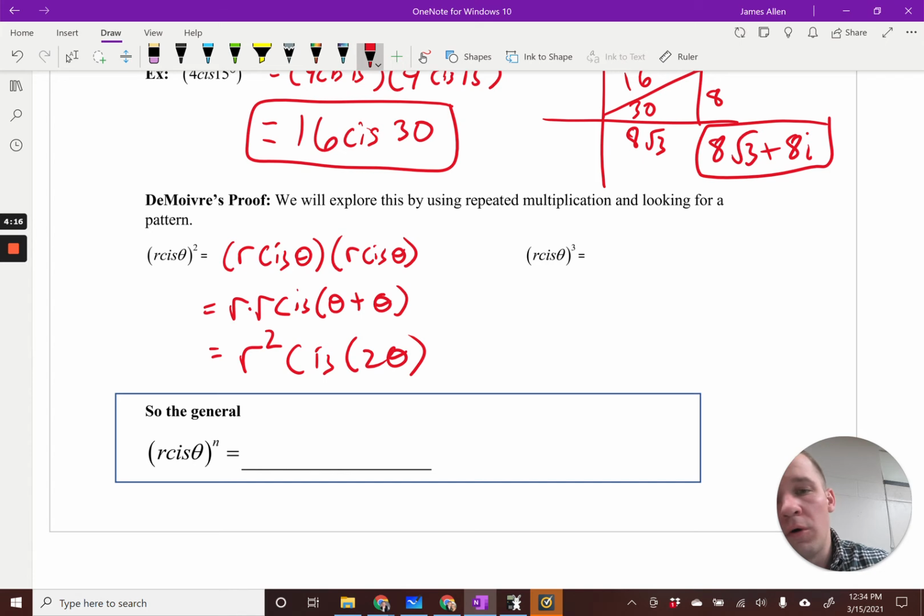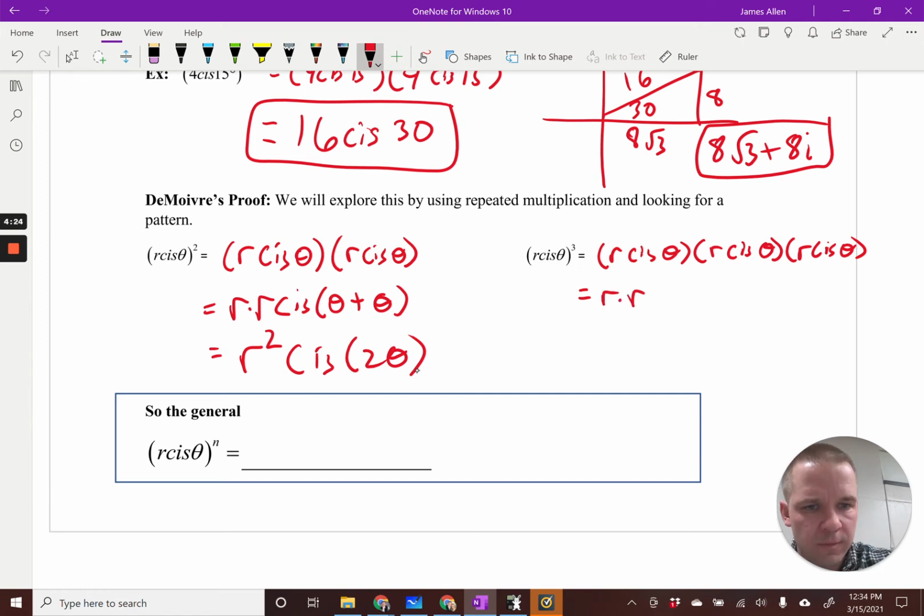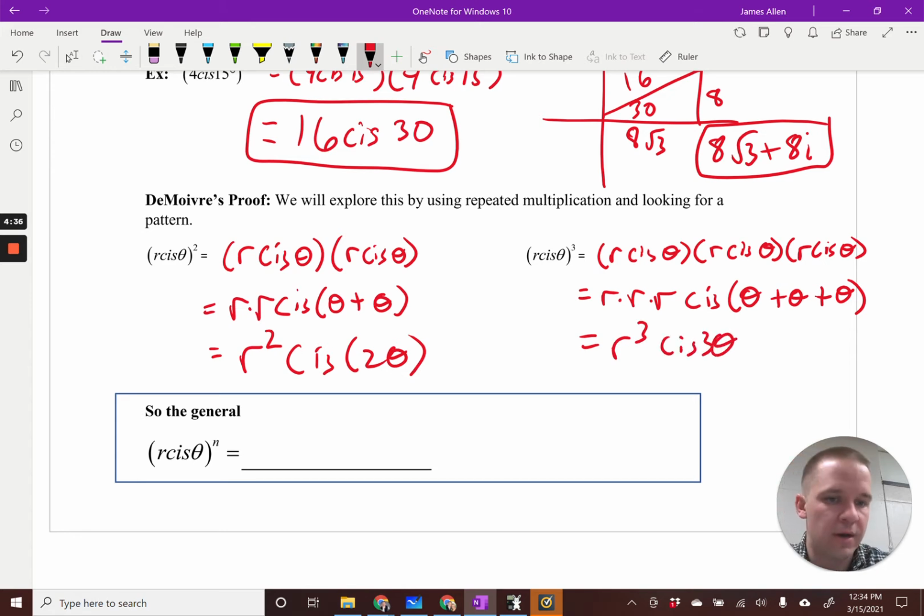Okay, cool. So will that happen again with a third power? Let's find out. So that's r times r times r, then cis, and theta plus theta plus theta from what I know about multiplication. So that's r cubed cis 3 theta. Okay, so it holds true once again, and that is going to hold true here as well.